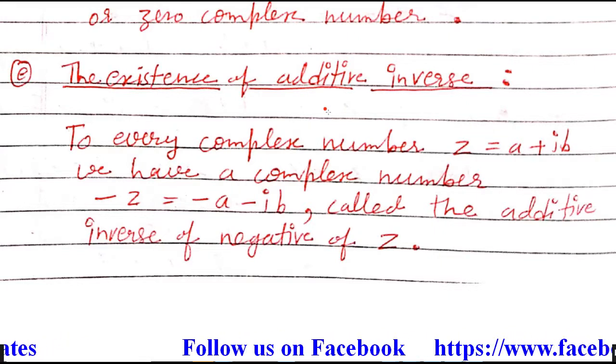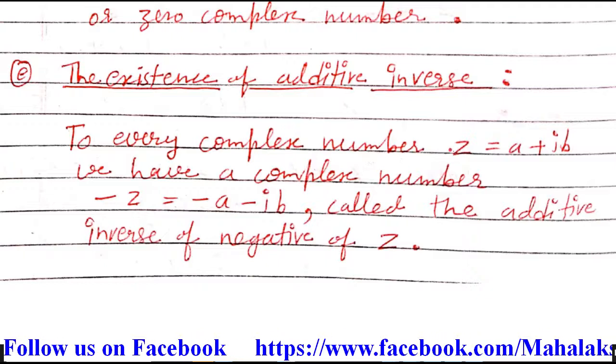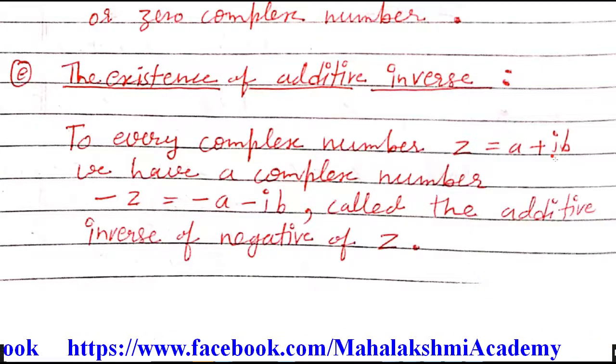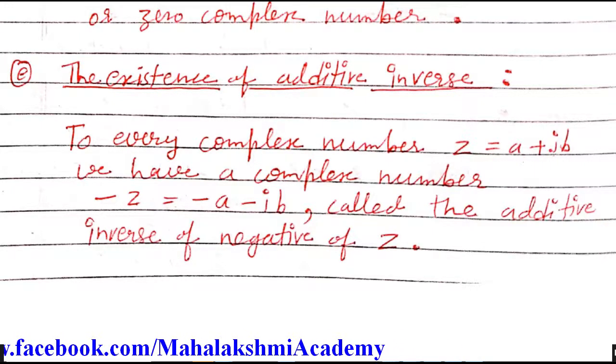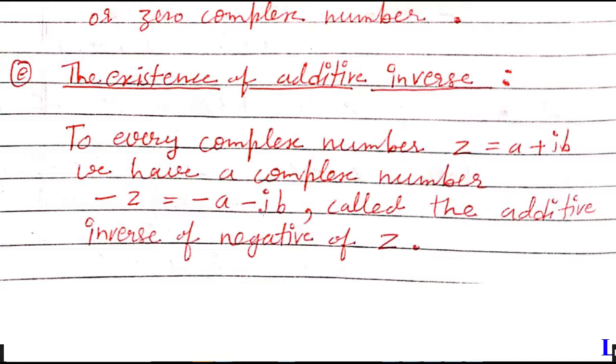In the same way, in complex numbers, to find the additive inverse, simply change the sign of both the real and imaginary parts. So the definition is, to every complex number z equal to a plus iota b, we have a complex number minus z equal to minus a minus iota b, called the additive inverse or negative of z.